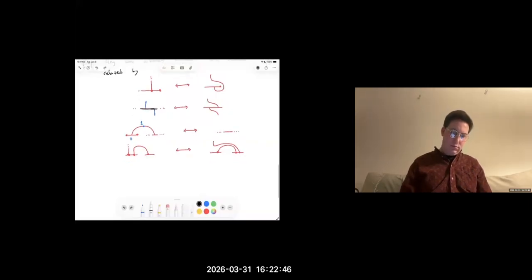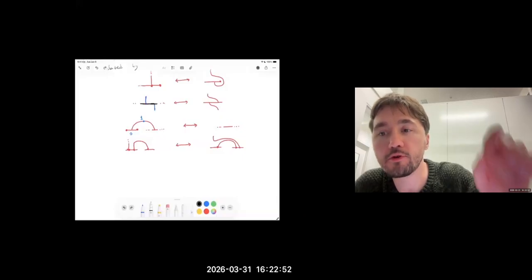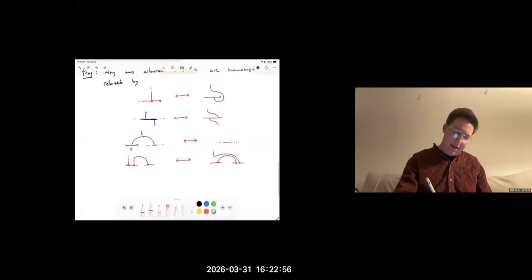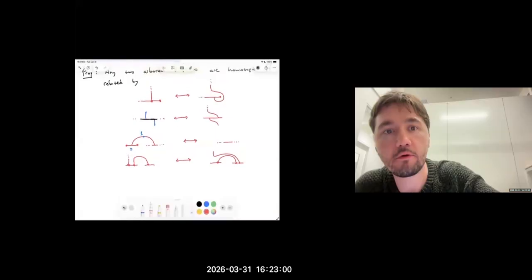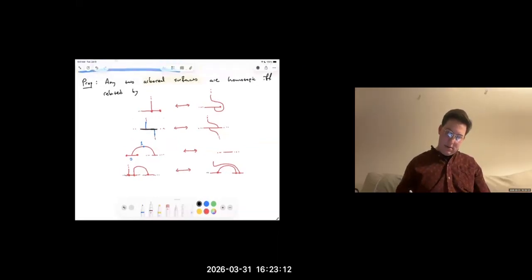Okay. Can I quickly add something about the first one? Did you deliberately not put dot dot dots in the first picture? Yes, I did, deliberately.